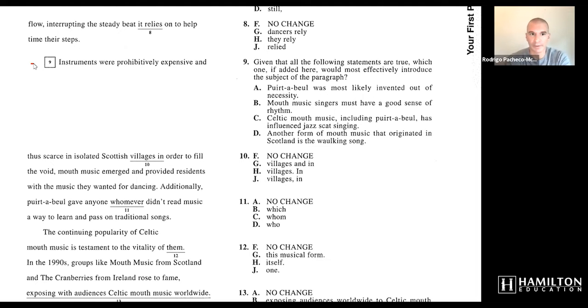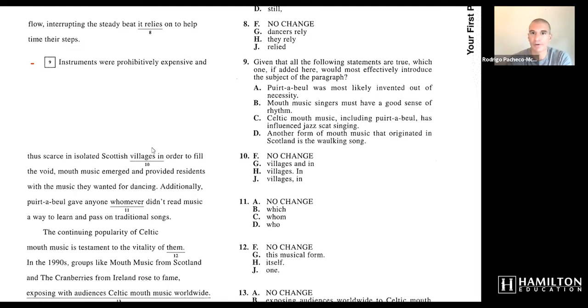So we'll start here. Instruments were prohibitively expensive and thus scarce in isolated Scottish villages. In order to fill the void, mouth music emerged and provided residents with the music they wanted for dancing. Additionally, Pierre de Buell gave anyone who didn't read music a way to learn and pass on traditional songs.